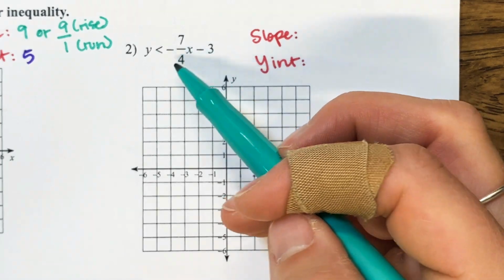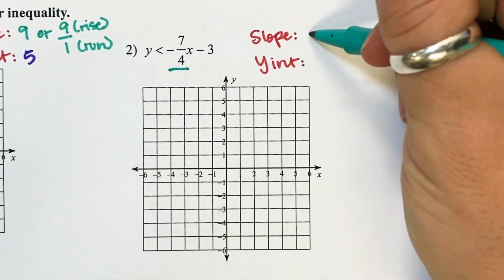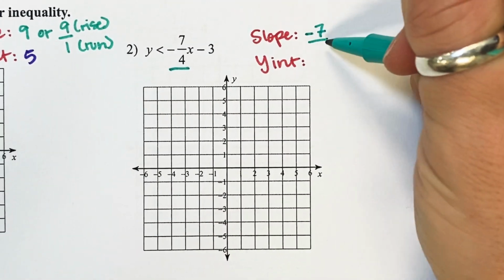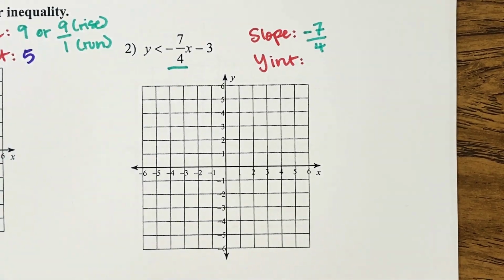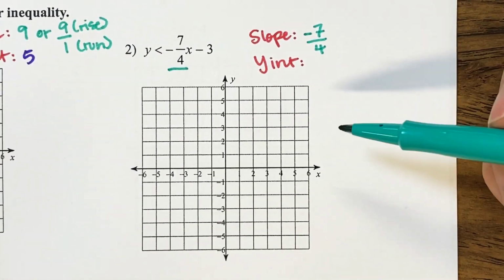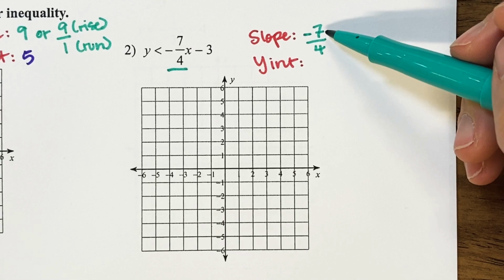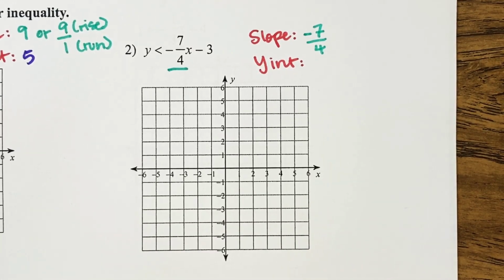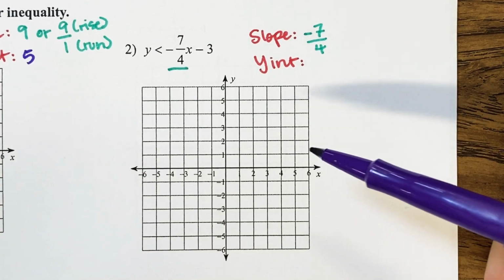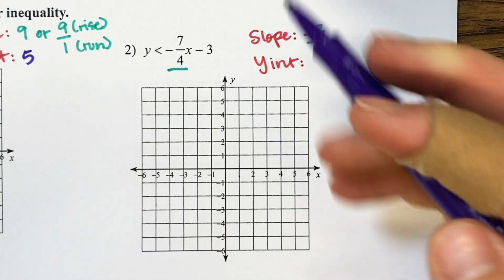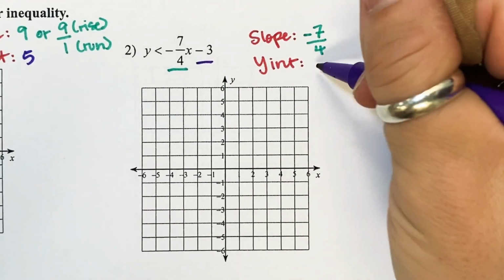Okay, so there's my x, so I know that my slope is -7/4. Okay, and we don't need to rewrite that as a fraction because it's already a fraction, so we already have our rise over run. Okay, so now we need to identify our y-intercept. So what is the number that doesn't have an x attached to it? It's that -3.